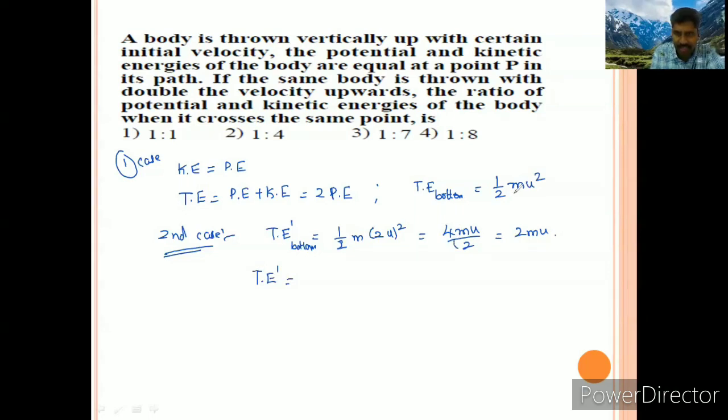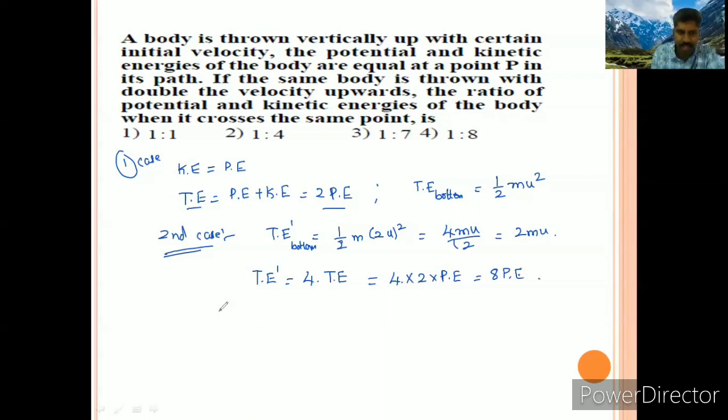From this we can get 4 total energy. So the total energy is 2 into potential energy, nothing but 8 potential energy we can get.